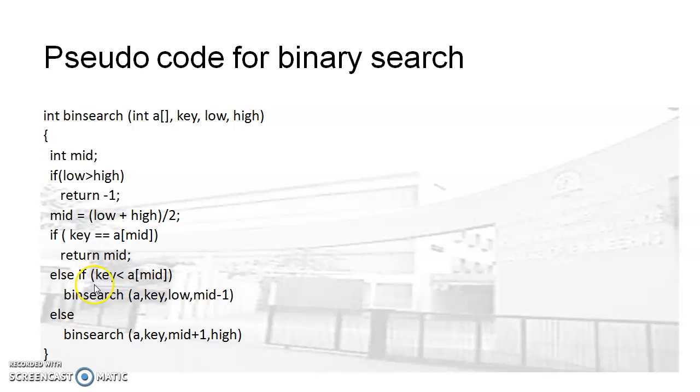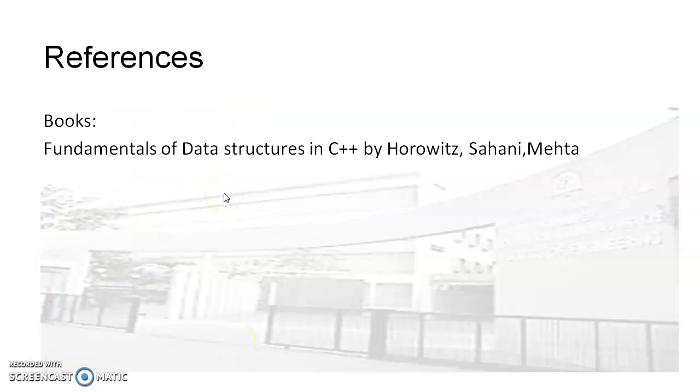If it is not a match, it is checked whether the key value is less than the element at the mid position. Then a recursive function call to binary search is made with the left list passed as its input parameter. Or if the key value is greater than the element at the mid position, then the right list will be passed with the modified lower end as mid plus 1 up to high. So that is the pseudocode for binary search.